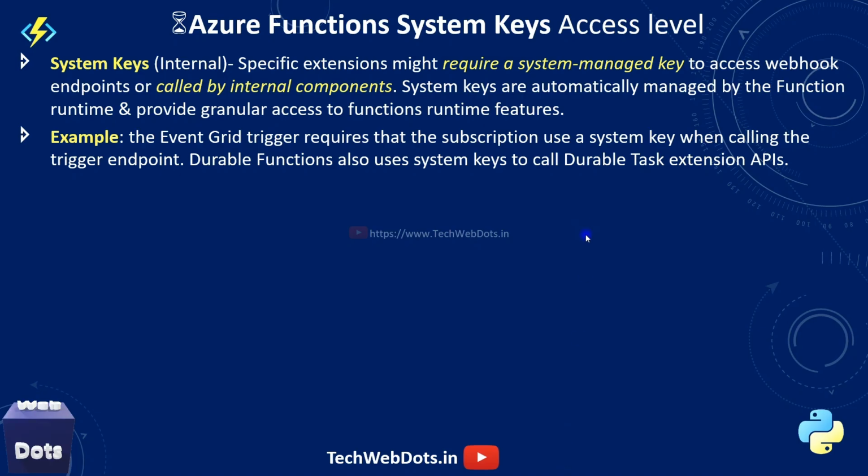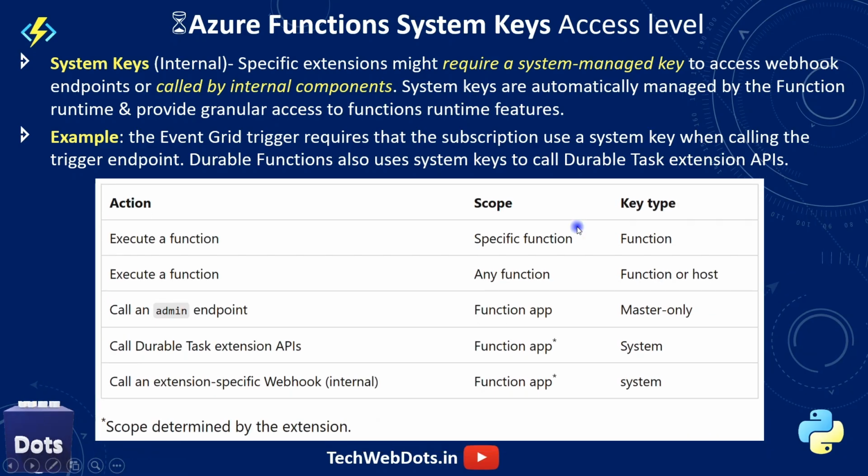Now, very few important things remaining here. What are those? If you want to execute a function and your scope is a specific function, then you should use a function key. This is the matrix that you should follow when you are giving access to anyone. If you want to execute any function, you can use the function or host key.